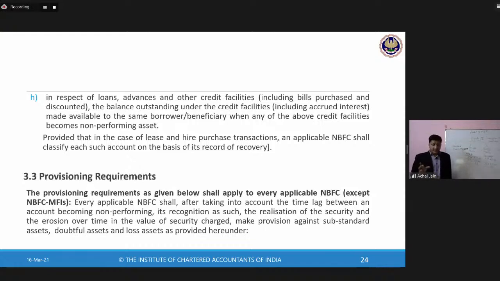So therein it changes. Next, 8th point, which is the most important part and very interesting part. Let's understand that. Say for example, a customer, NBFC, let's suppose, has a customer. Okay.